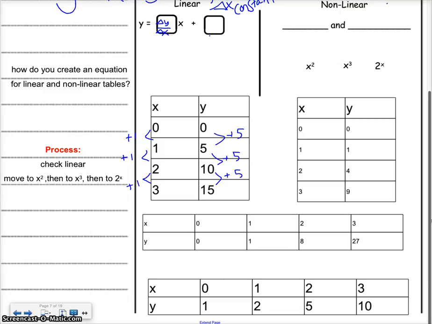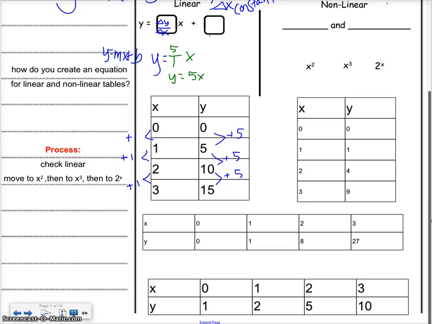So now if it's linear, I know that it has to satisfy this equation, and I just have to fill it out. So y equals my change in y over change in x times x. My change in y is 5, over my change in x, 1. Y equals 5x.